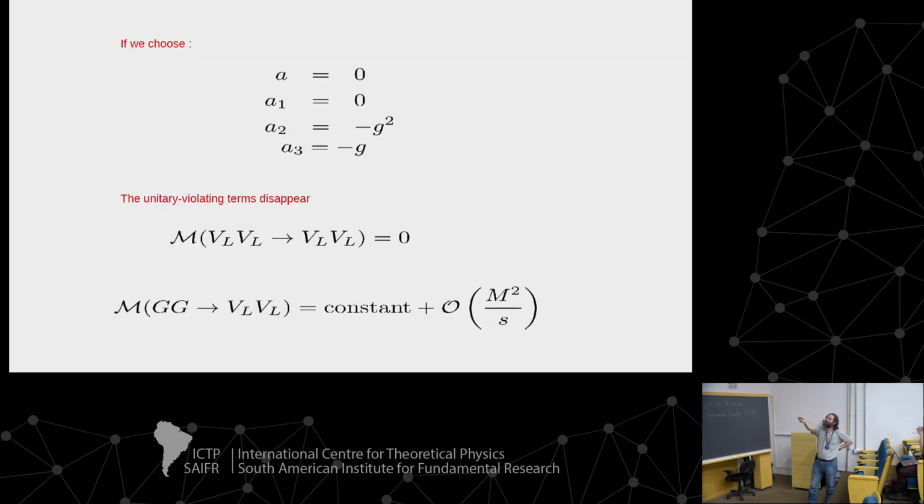Indeed, this choice of values for the parameters cancels out the whole amplitude for this process, and this one also becomes in agreement with unitarity. So that was the reason to introduce only one coupling constant.